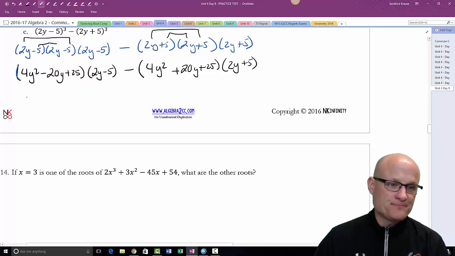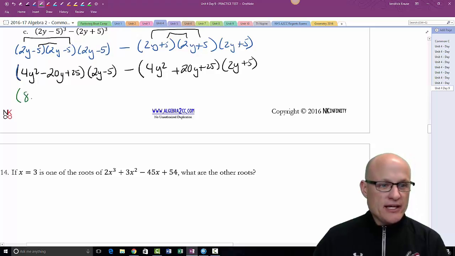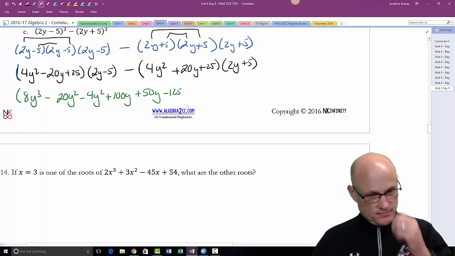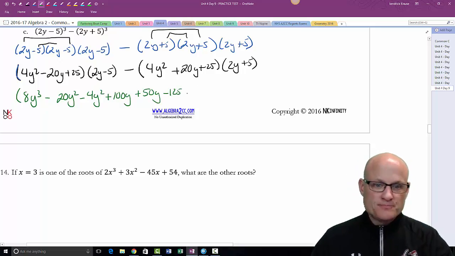Holy crap. 8y cubed minus 20y squared minus 40y squared plus 100y plus 50y minus 125.